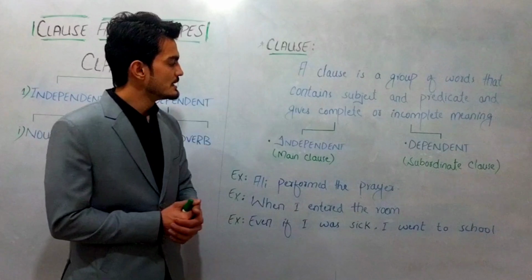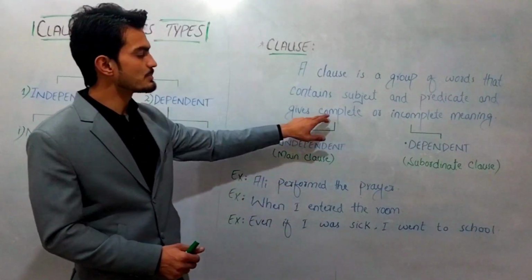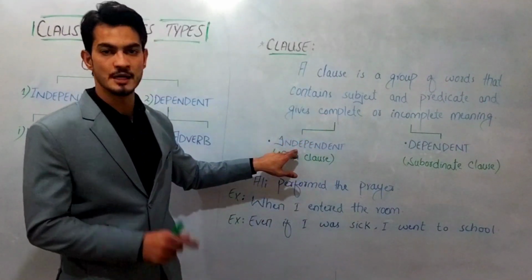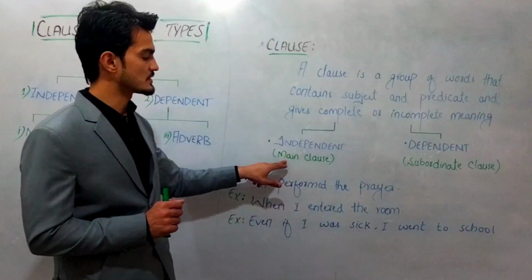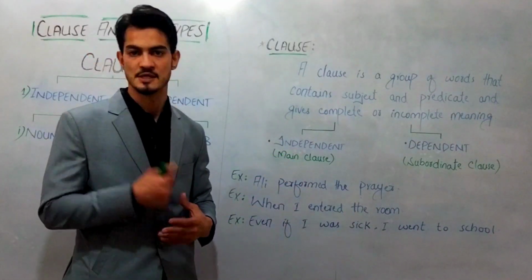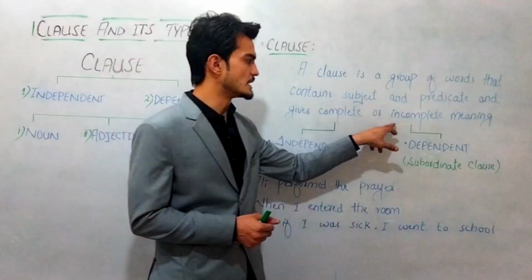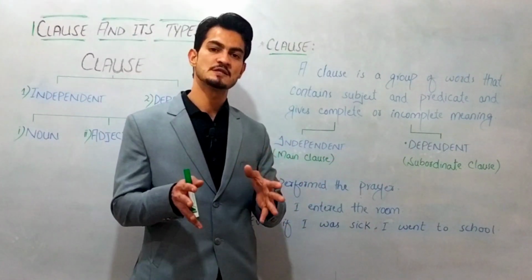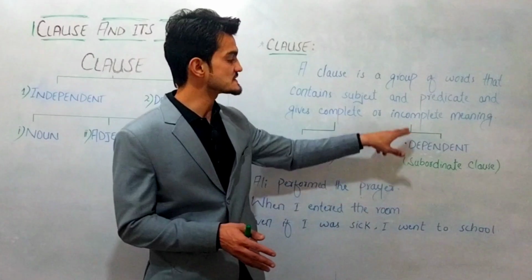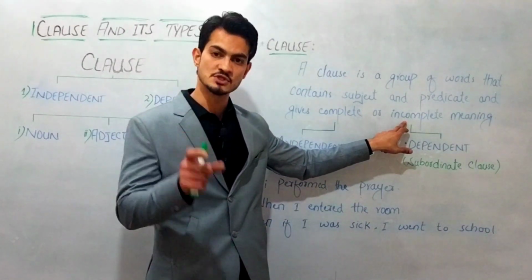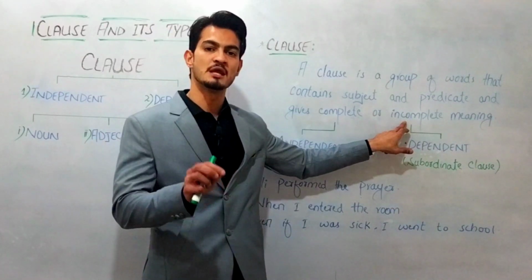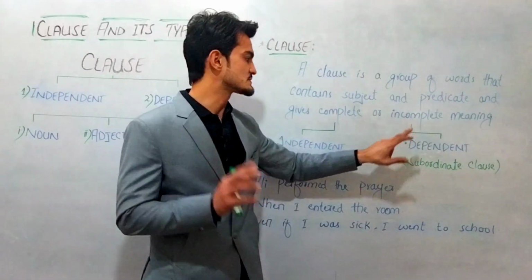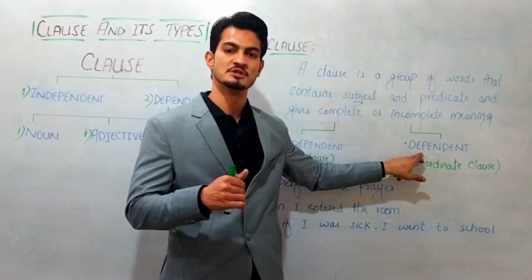Now, अगर complete meaning देंगे, so that is called independent clause. उसको हम independent clause कहेंगे. और independent clause को हम main clause भी कह सकते हैं. If a group of words contains subject and predicate and gives us incomplete meaning, अगर अल्फाज का मजमुआ हो और उसमें हमारे साथ subject और predicate मौजूद हो और वो हमें incomplete meaning दे, that is called dependent clause. उसको हम dependent clause कहते हैं.